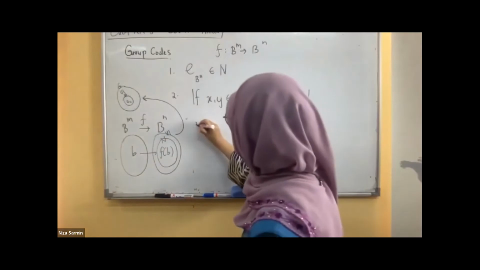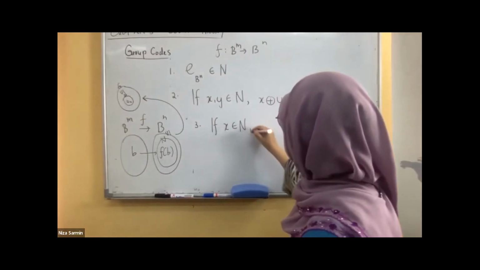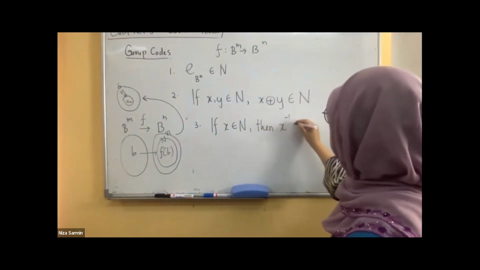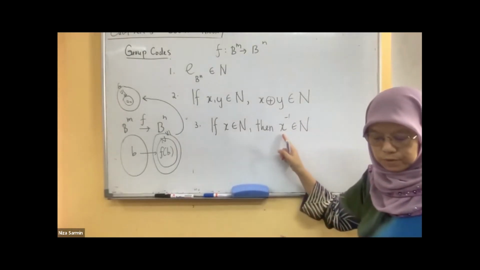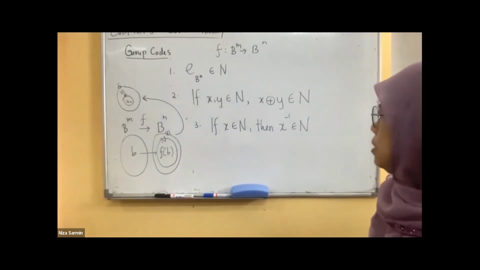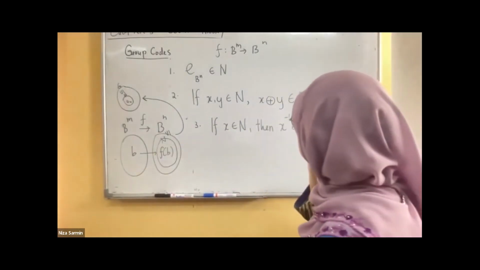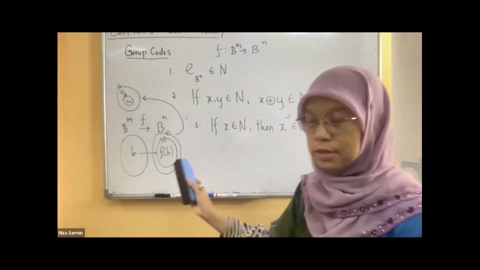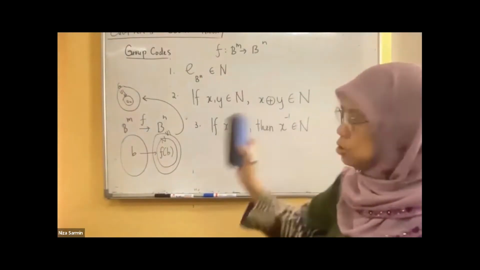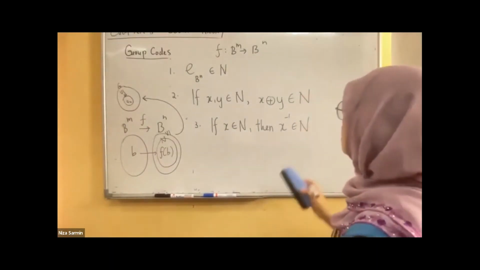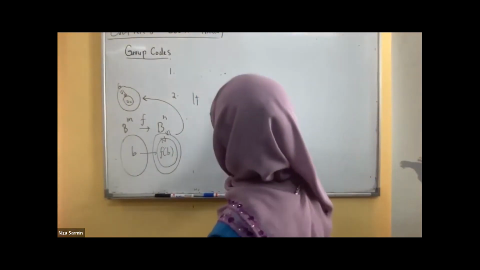Then the third one: if X is in N, then the inverse is also in N. This is the symbol for the inverse. Now, as an example, you remember this identity, closed, inverse. If you want to show this first, it's okay, but this is following the notes. We should look at the identity, closed, and then inverse.